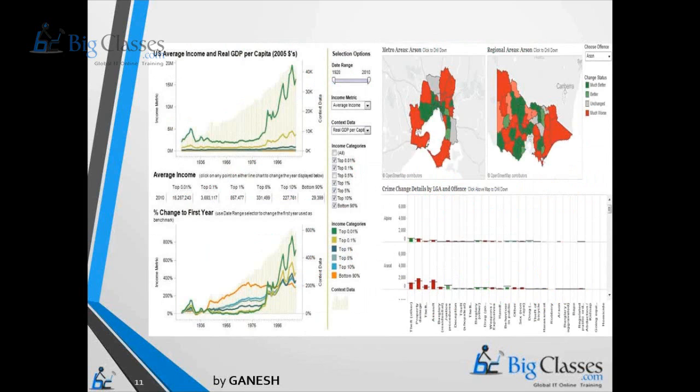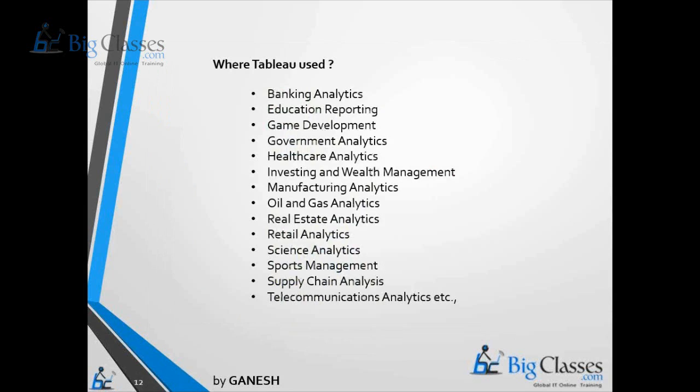If you look at this dashboard, this red color is indicating high risk, high crime in the respective areas. The green is indicating zero risk. So in such government sectors also, Tableau is being used in a well advanced way.